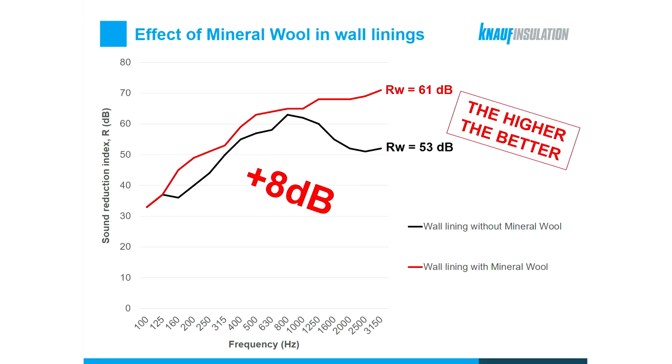And the other solution, which includes a mineral wool layer between the same basic wall and the gypsum board, achieves 61 decibels. So the benefit of utilizing mineral wool is quite evident in the entire frequency range. And finally, utilizing mineral wool in the wall upgrade brings an additional 8 dB increase in sound insulation.